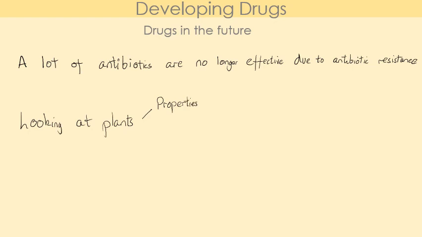We saw in the last video how some plants can produce antibiotics or antibiotic chemicals to fight off bacterial infections. They can also produce various pain relieving chemicals as well as hallucinating ones, which might have a pain relieving side effect.